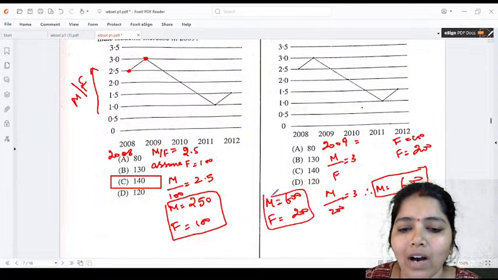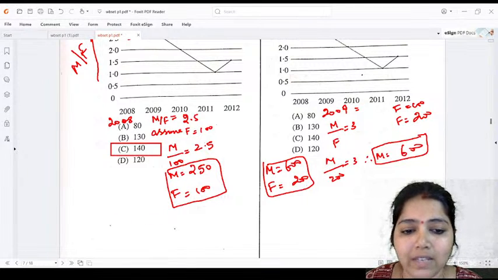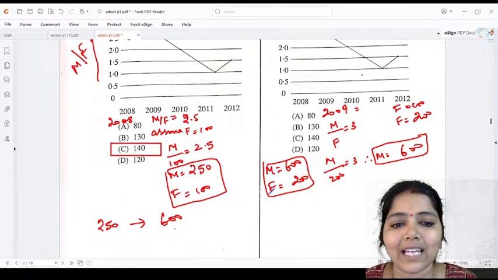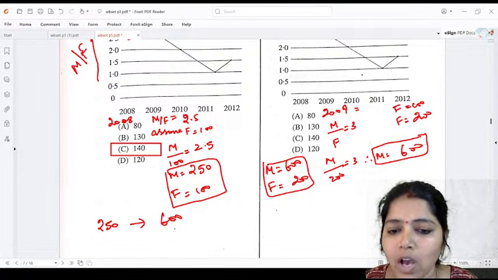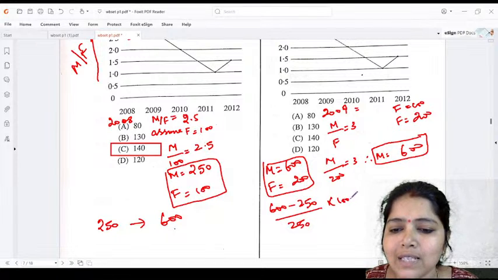What question have they asked? The percentage increase in male students. From 250 it has been increased to 600. So we have to find the increase percentage of male students. How to do it? 600 minus 250, divided by 250, into 100. Simple, right? So this is 350 divided by 250 into 100.